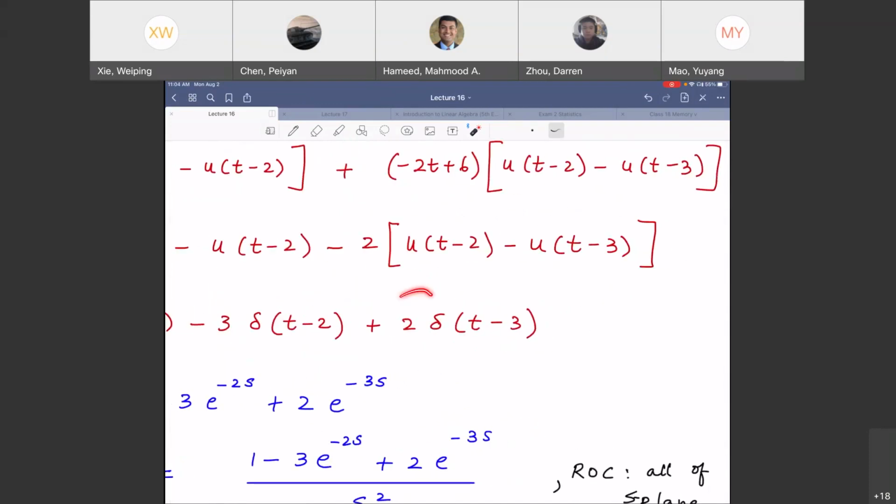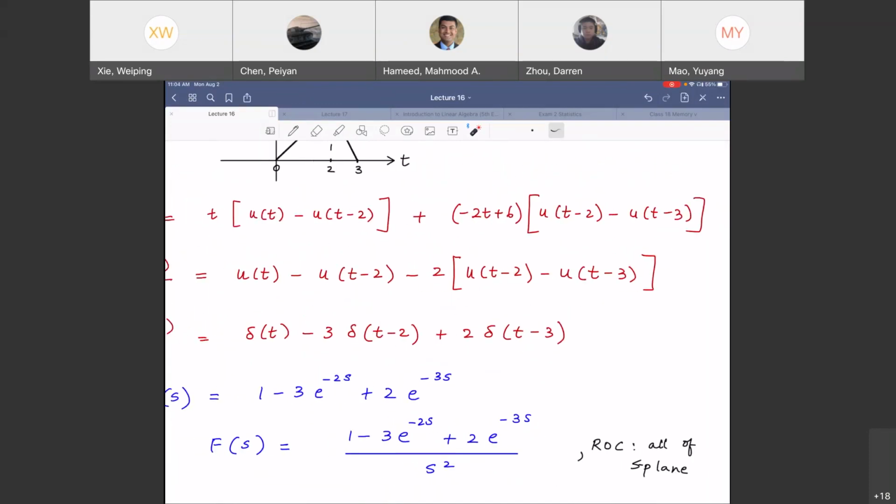This guy. So if you look at this multiplied by this, what do you have? You have plus 2u of t minus 3. And you differentiate, you get this, right?